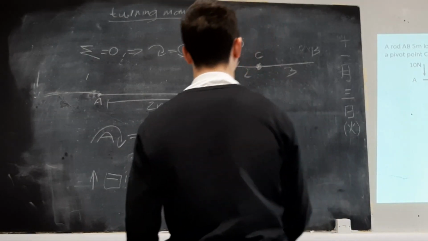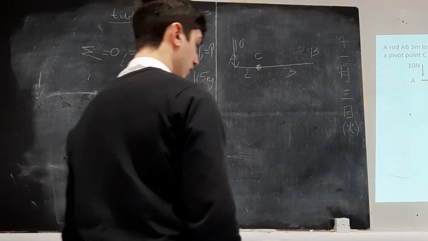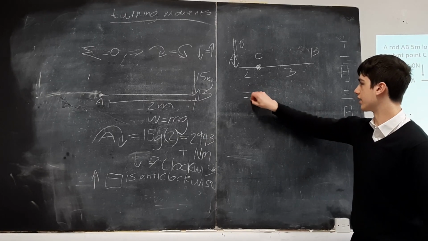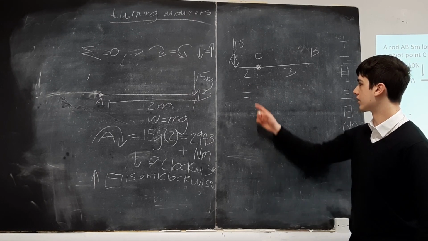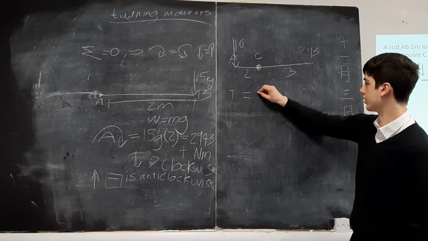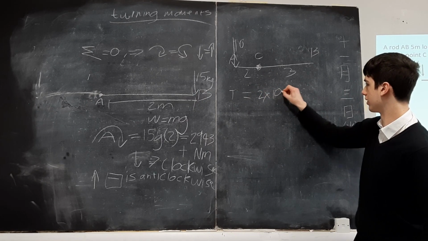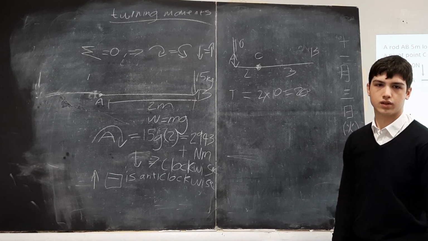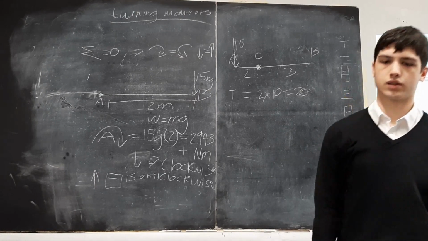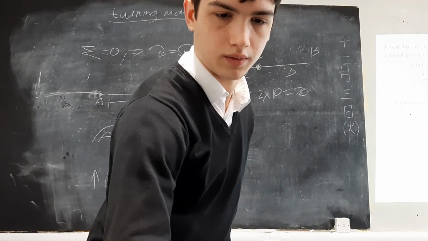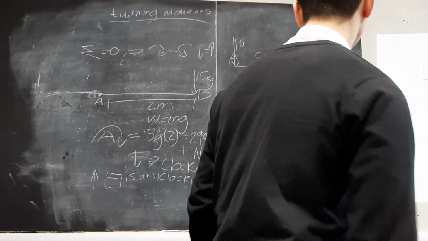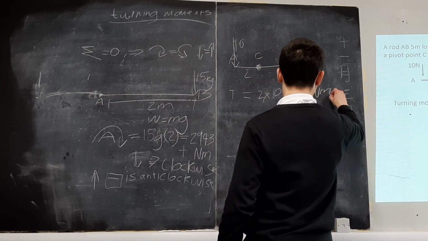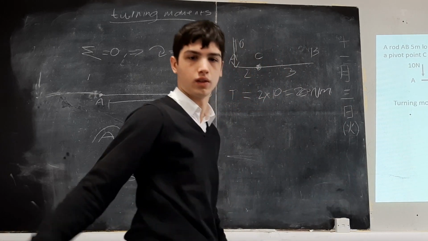So, like I said, 2 meters away, so you don't have to do that, this isn't engineering, so just torque equals 2 times 10 equals 20. I think it has more to it, but 20 anti-clockwise, because it's this way.